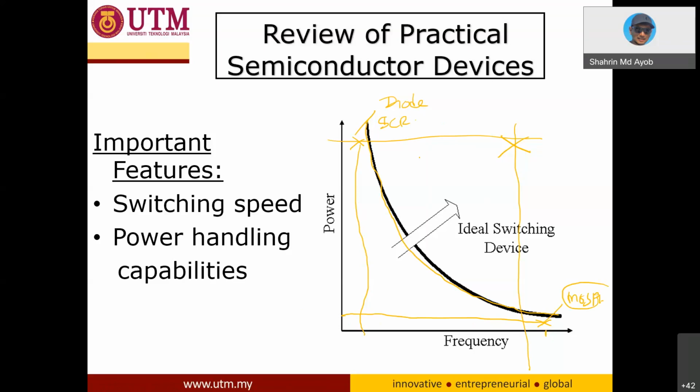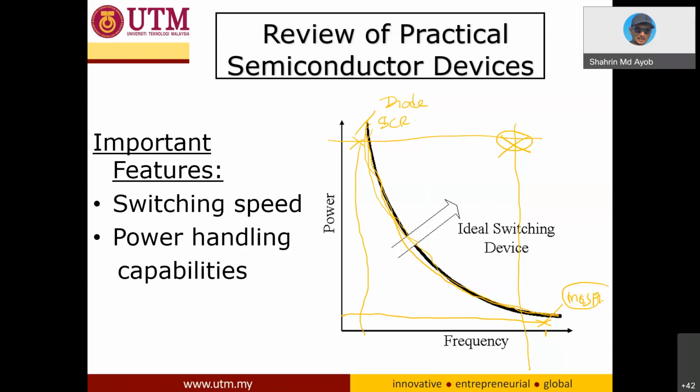This is the limitation right now because of the technology. The materials technology is still not there yet. This is the boundary. You cannot have transistors or power semiconductors that fulfill both high power and high frequency. There is no such device available in the market right now.